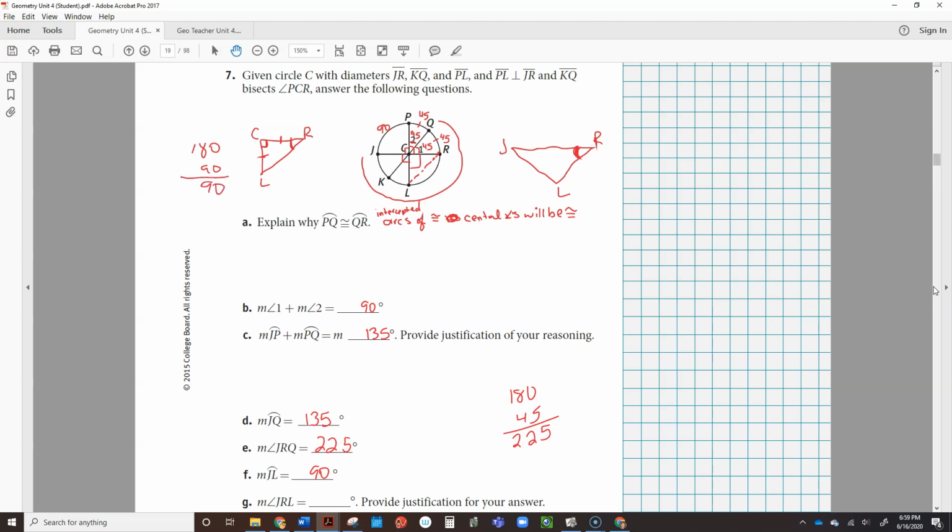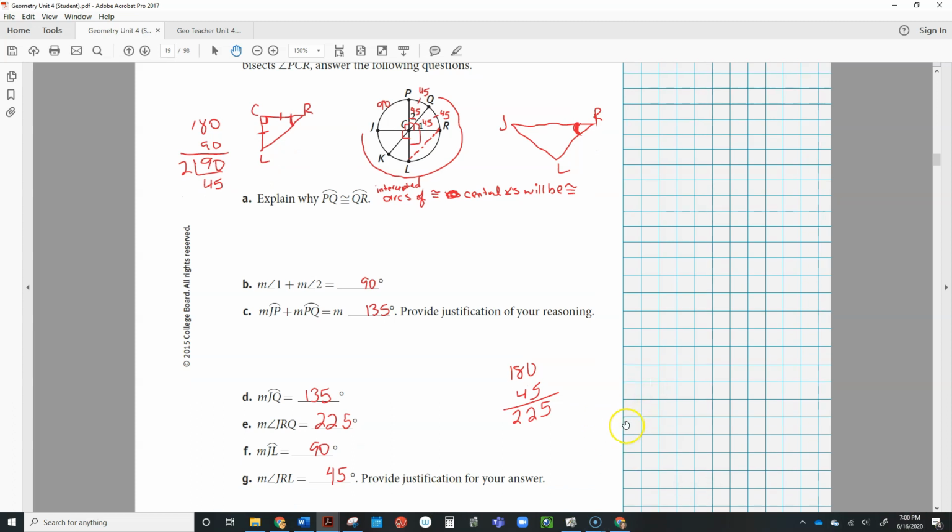You divide that 90 into 2 equal pieces, and you get 45. So angle JRL is 45 degrees. And my reason is that CRL is one of the base angles of a right isosceles triangle. So that would be my explanation.